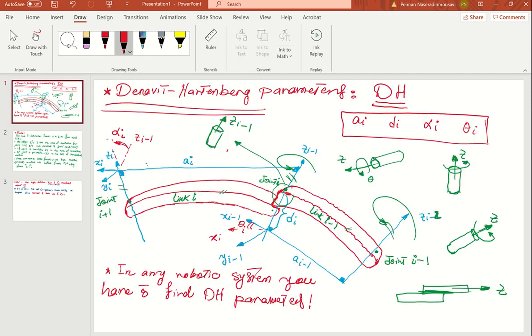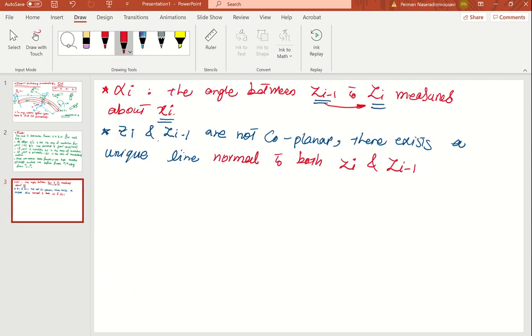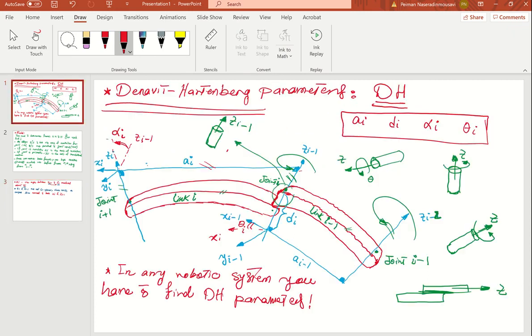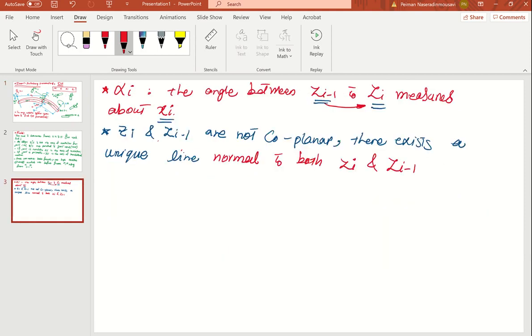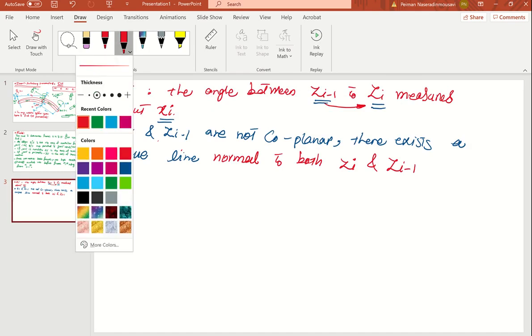This line, look at here, guys. This is zi and this is z i minus 1. They are in space, they are not coplanar. There is a line, this line, that is normal to this and normal to this in space. Again, look at here. This line is normal to zi and z i minus 1. Normal to this, here is 90 degrees, and here is also 90 degrees. Understand? And so this line is normal to that.